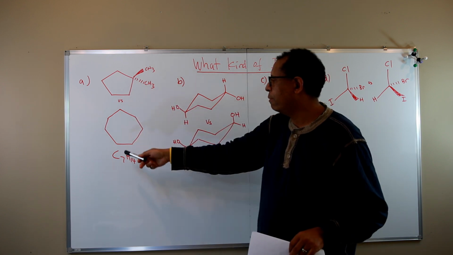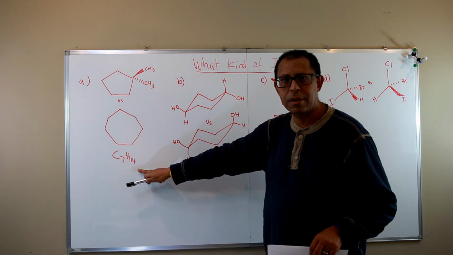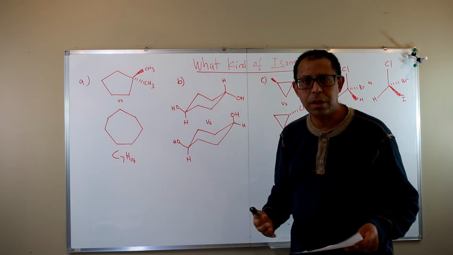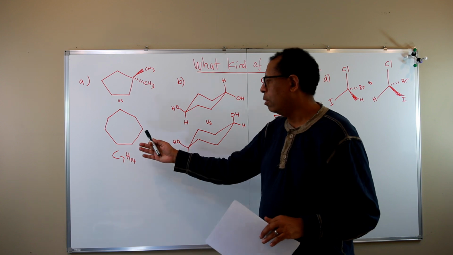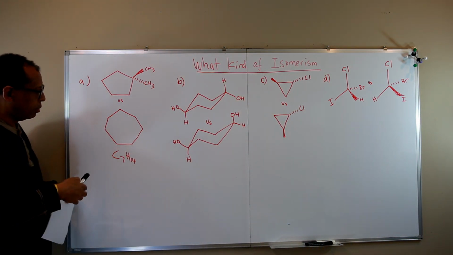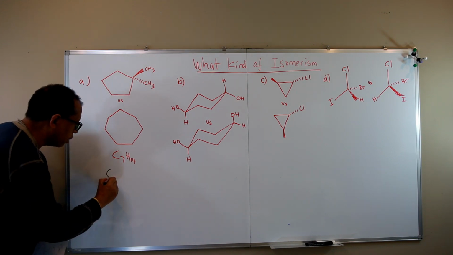So the only similarity they have is they are both C7H14, but they are not constituted in the same way. So for this one, it's very easy to assign that their isomerism will be constitutional isomerism.